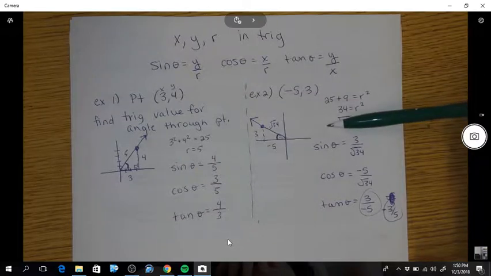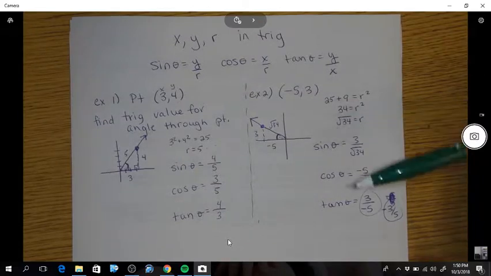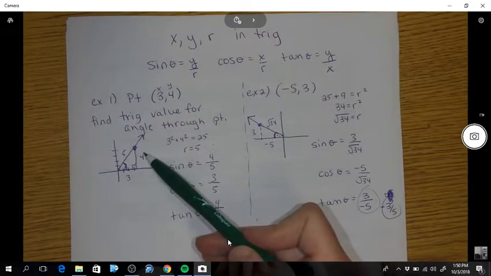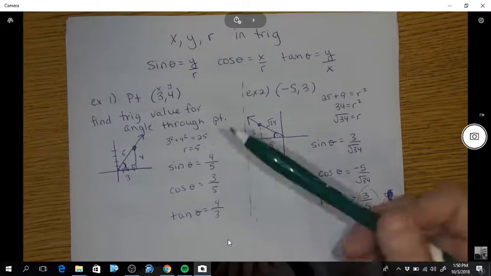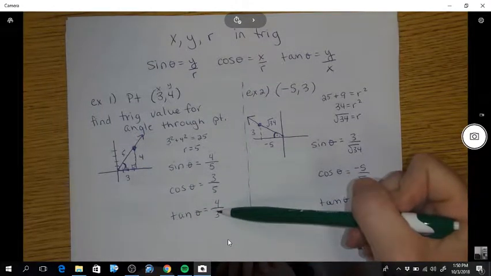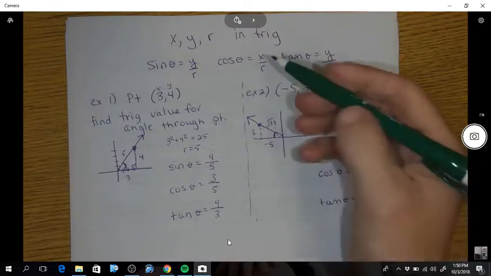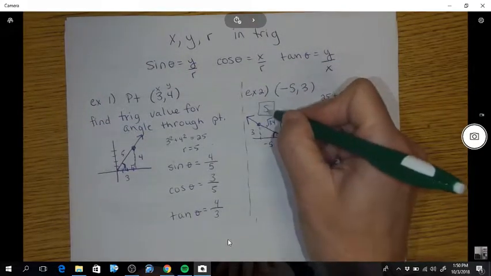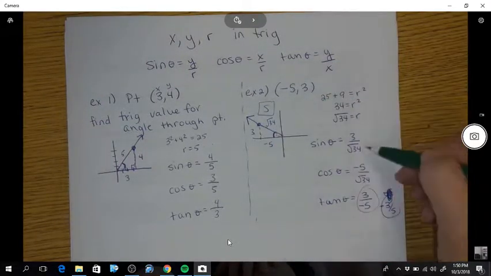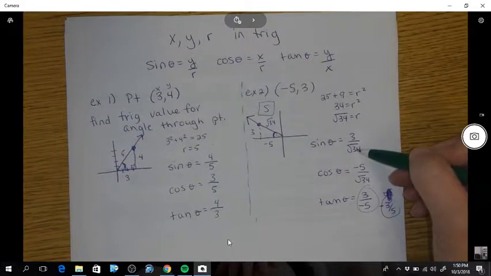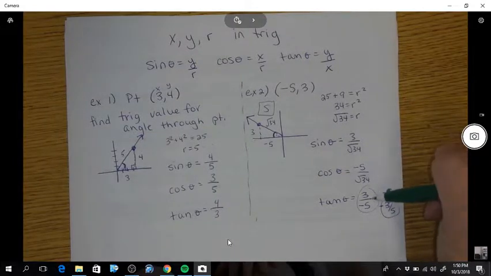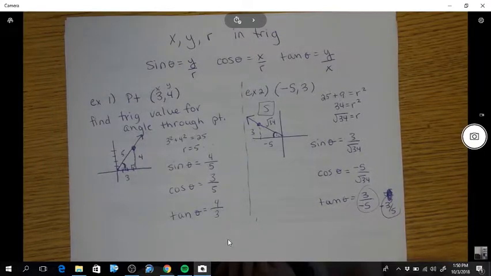Please also note, remembering ASTC, the first example was in the A quadrant, so all of these should be positive, and they are. This one is in the S quadrant, so your sine better be positive, which it is, and your cosine and tan should be negative, which they are. So that's another thing that you should connect this to.